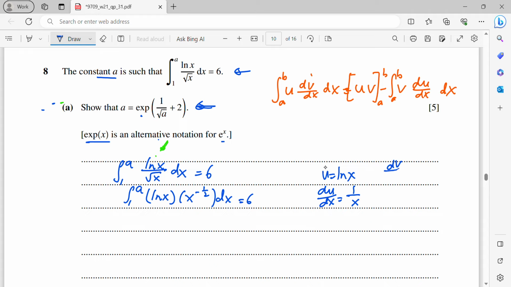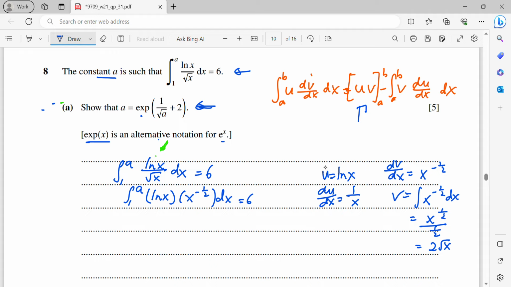And then dv over dx is x to the power of negative half. So your v is the integration of x to the power of negative half dx. Therefore, you get x to the power of half over half, because you add 1. Then I will simplify this into 2 square root x. That is your v. Now substitute into the formula.